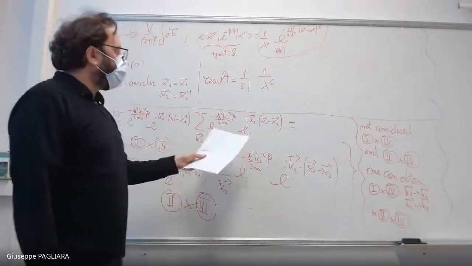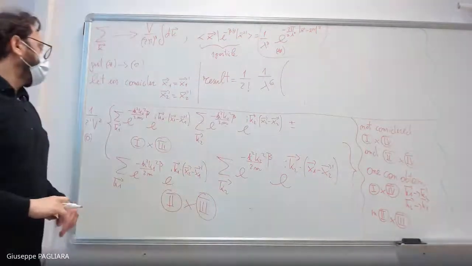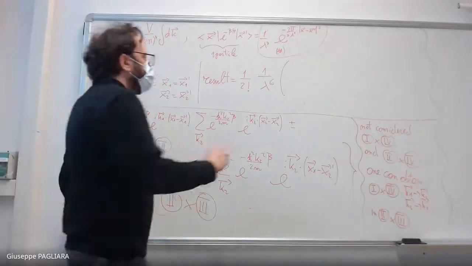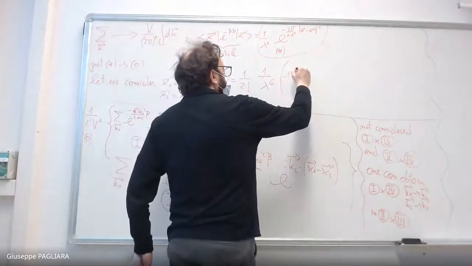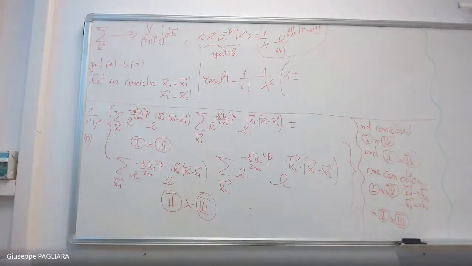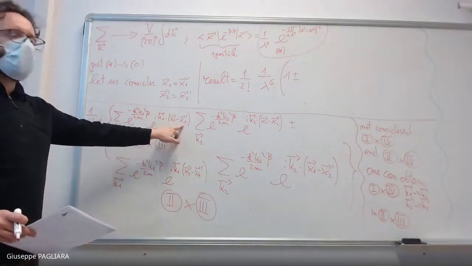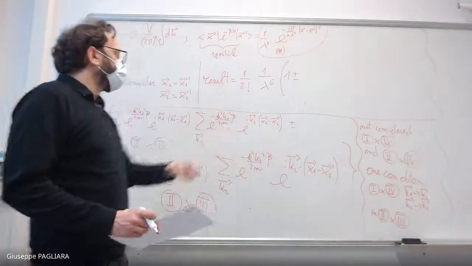And this is a factor which is in common among this and this. Then I have a plus and plus minus. And here I have the exponential. Where does the plus 1 come from? Well, the fact is that I'm putting x1 equal to x1 prime and x2 equal to x2 prime.